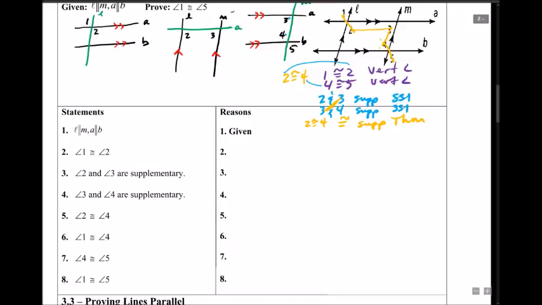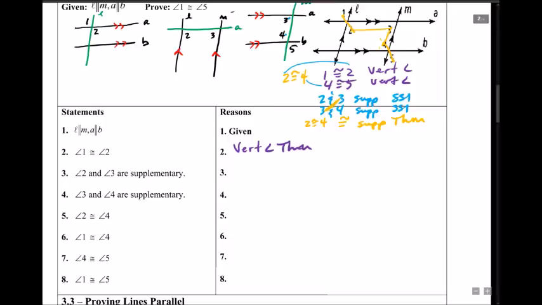So our first step is given, all right? And then we said angle 1 is congruent to angle 2. What let us say that? That's the vertical angles theorem. Now notice here when we're doing it in the proof, that we are using proper notation and we write out proper names, all right?